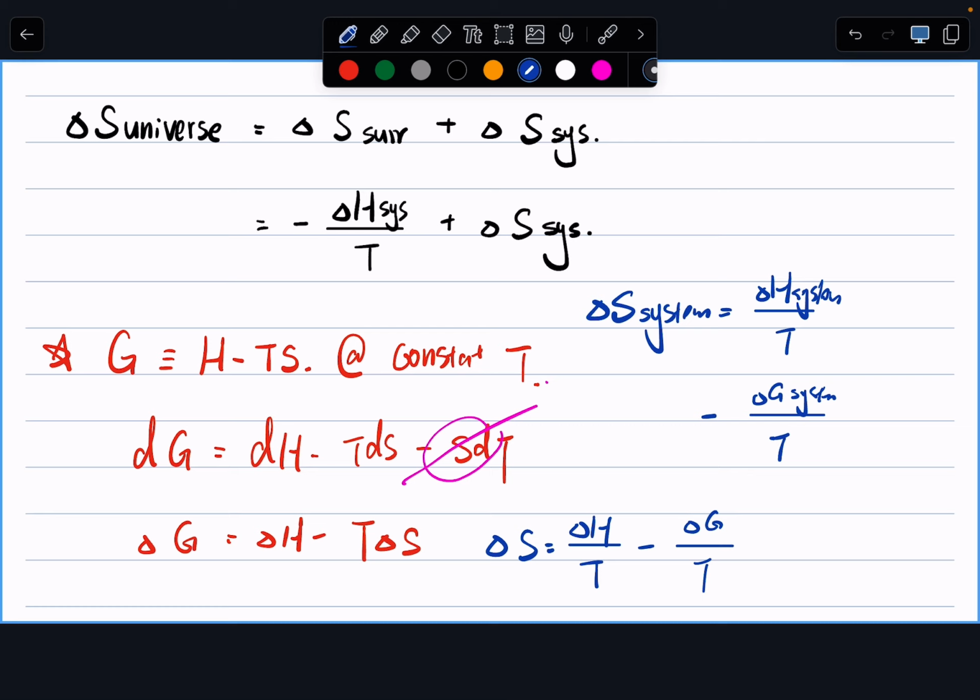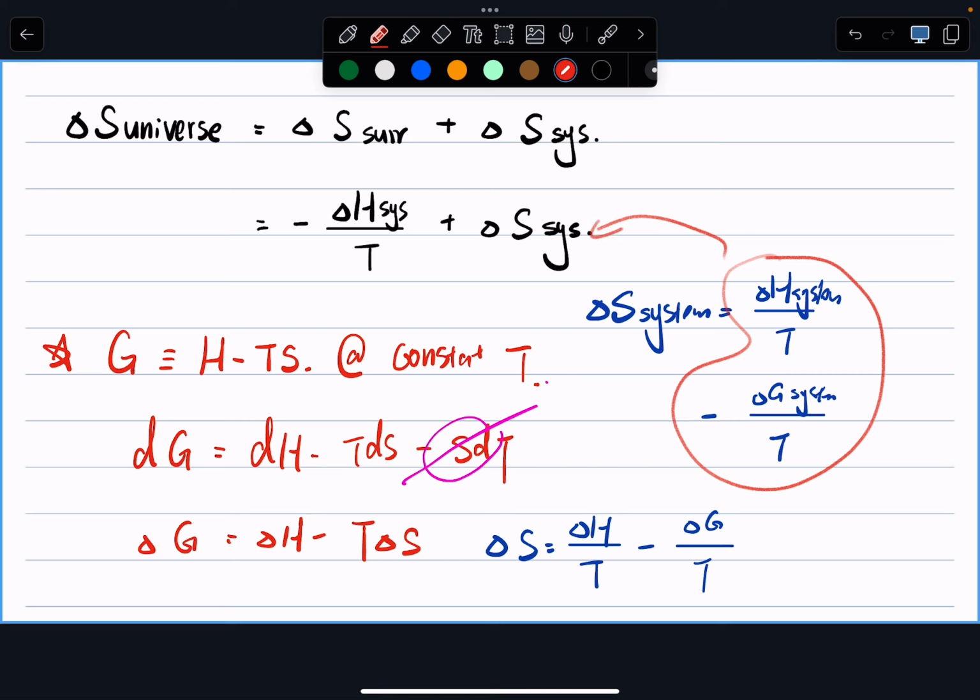So what does that mean? If we look here, we have two different expressions of my delta S system. If I plug this entire thing into here, what are we getting? We're getting my delta S universe equals the negative delta H system and the delta H system over temperature will cancel out.